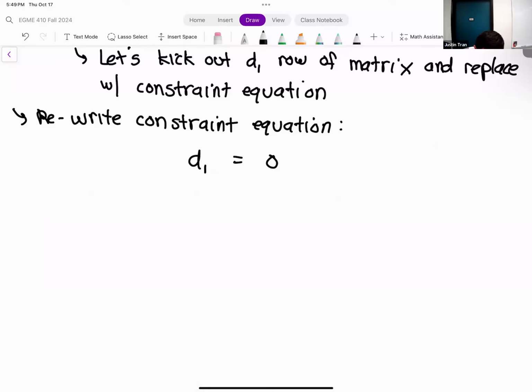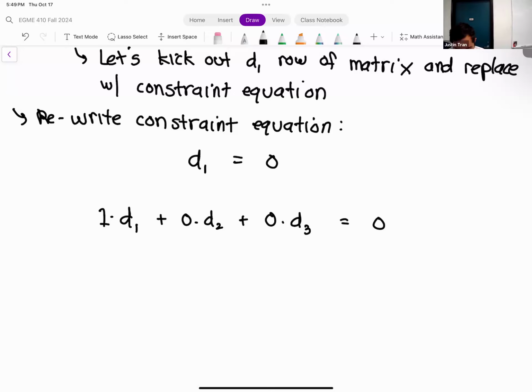So let's make this more complicated: D1 plus 0 times D2 plus 0 times D3 is equal to 0. If you want to be really specific, the first term has a coefficient of 1. So you have 1 times D1 plus 0 times D2 plus 0 times D3 is equal to 0. That equation, even though it has a lot more terms, is mathematically equivalent to the one above it, because all the extra terms I've added just have a 0 in front.